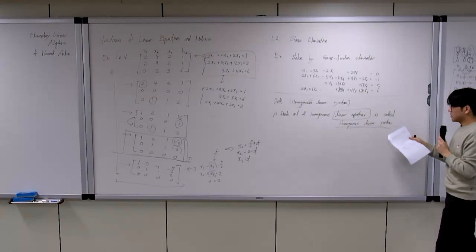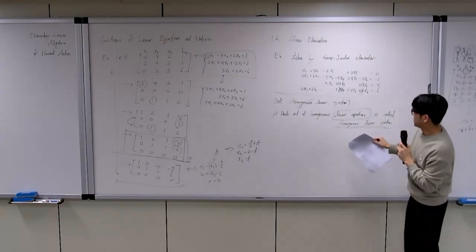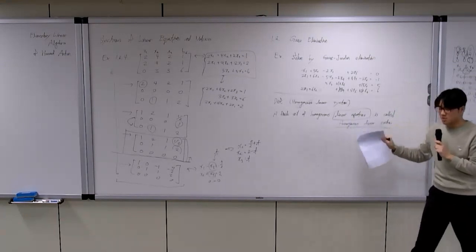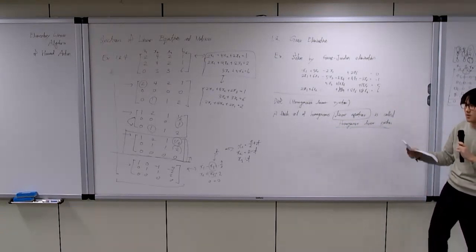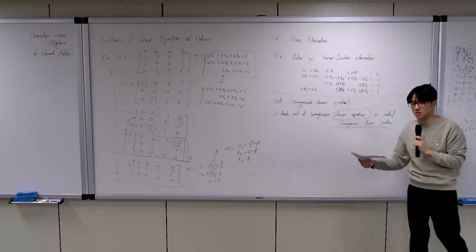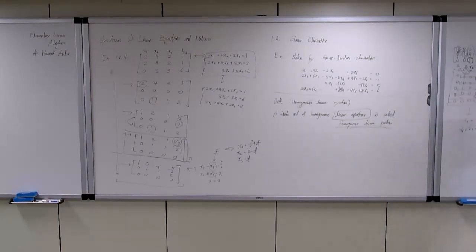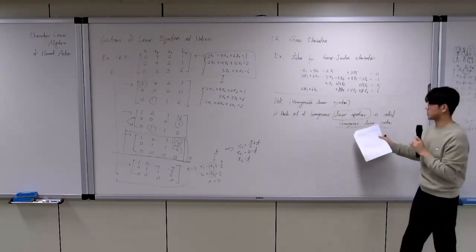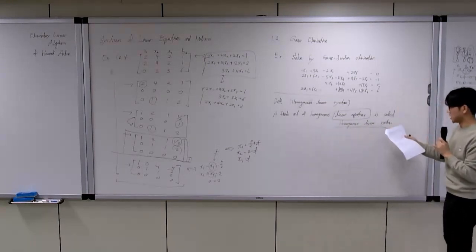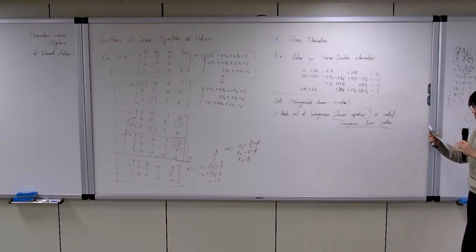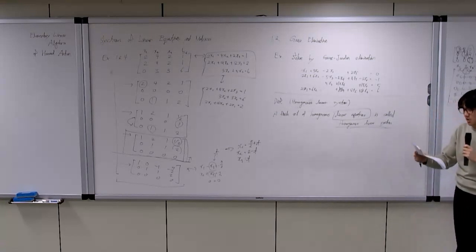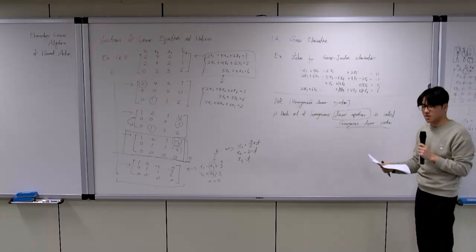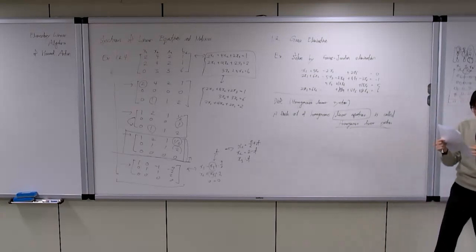And I explained that the homogeneous equation always has at least one solution, because the origin is always a solution of a homogeneous linear equation. So the origin is called the trivial solution, and another solution is called a non-trivial solution.